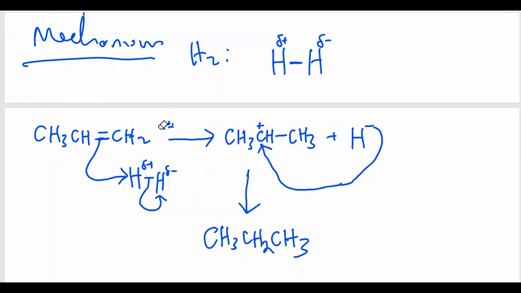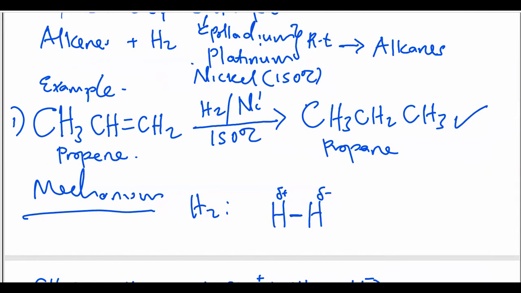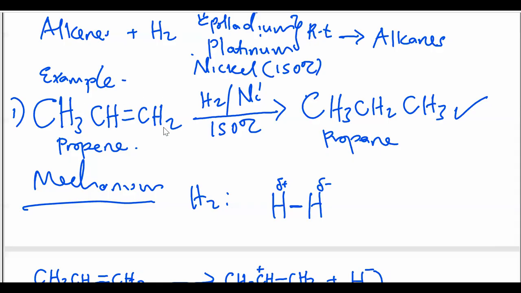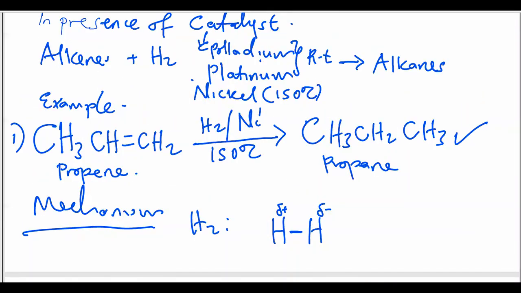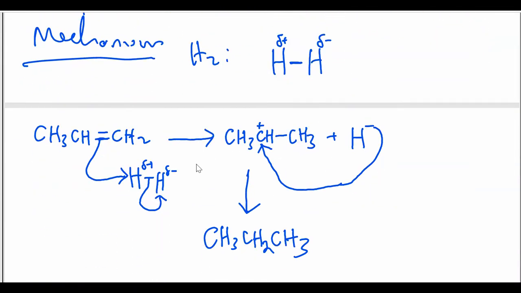It is not necessary. Why? Because up there, you have already written your equation. You already have your equation, and you have shown that you have used the hydrogen in presence of nickel catalyst. So there's no need when you come down here on mechanism of showing us that now here you have used the nickel. It is not necessary because it is a continuation from what you had up there.